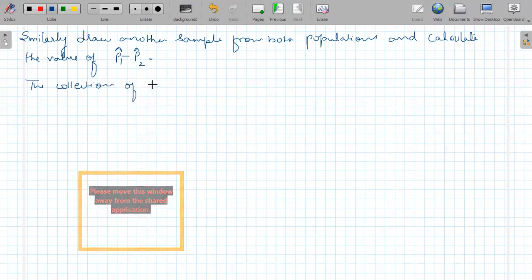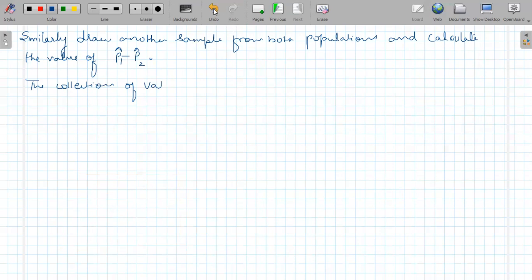So the collection of values, ये values different मिलेंगे आपको.